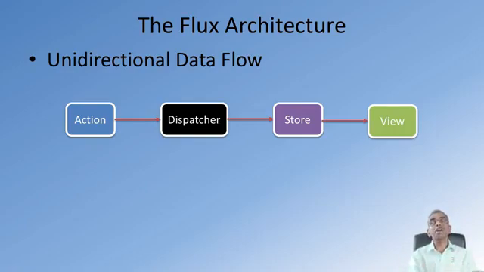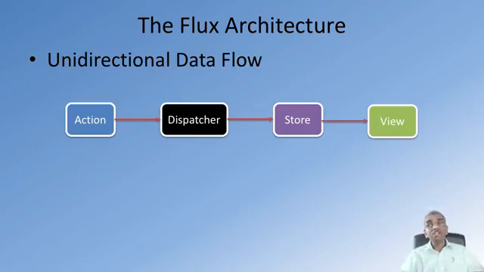When the store updates its state, the store will emit a change which the controller views will watch for. Whenever a change is emitted, then the controller views will go back and be able to get the updated state, and this in turn may result in re-rendering of parts of your views or parts of your components within your React application. So that is how the data flows.